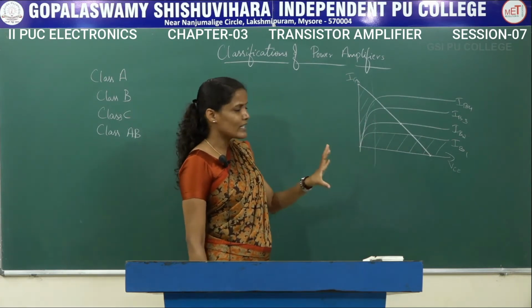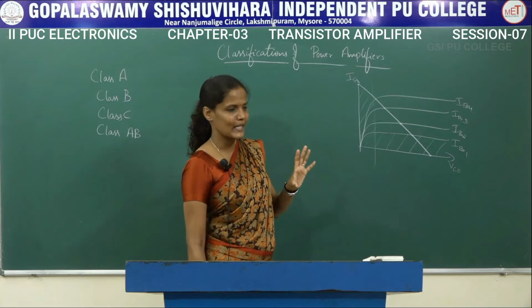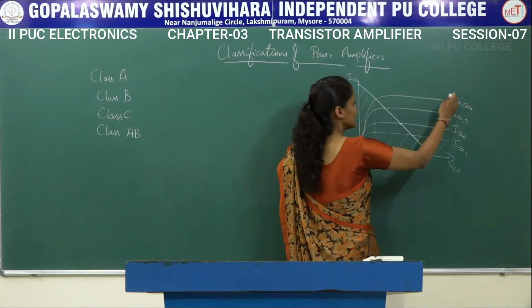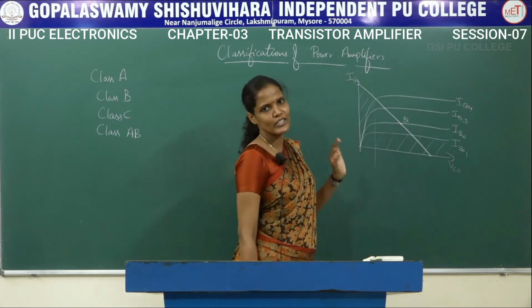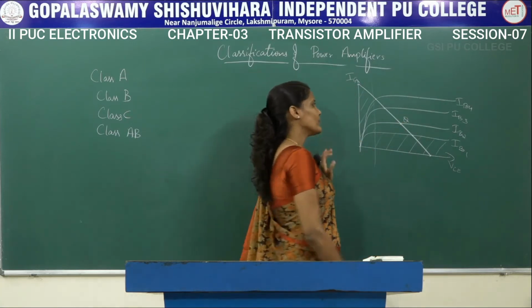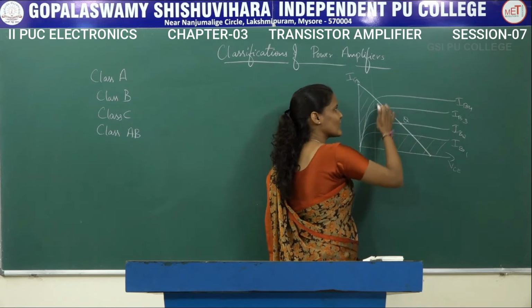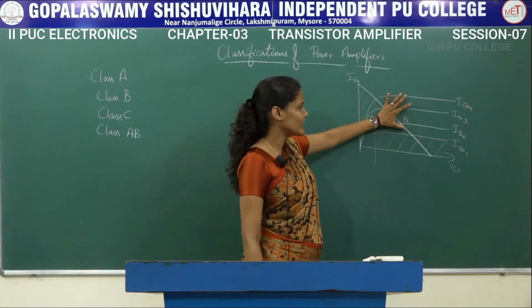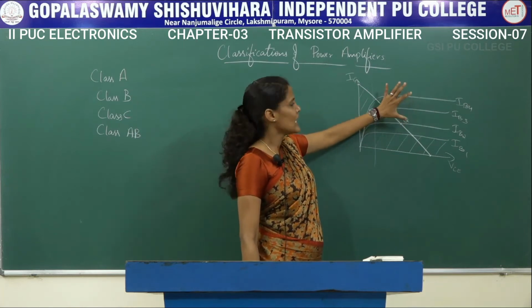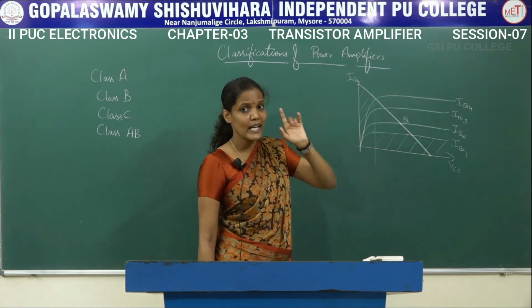So when I want our transistor to work as an amplifier, we are going to select a Q point. This itself is called a Q point. We are going to select a Q point which will be present exactly at the center of the active region. If we select the Q point at the center of the active region, our transistor will be working as an amplifier.